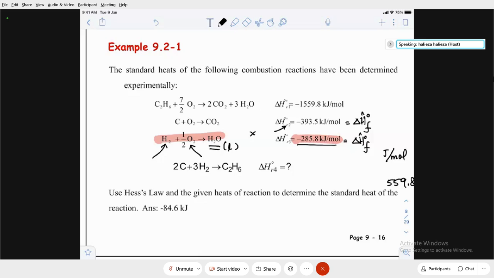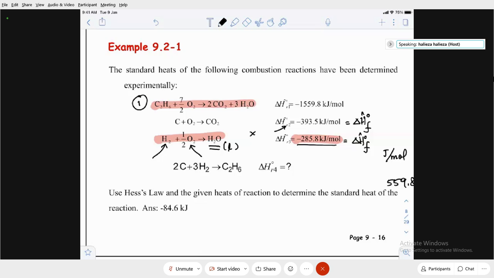Okay, the others, this is for this equation. Let me highlight it. For the one for ethane, is it a heat of formation? Is the reaction a formation reaction? For the first reaction here that I just highlighted, is this a formation reaction?